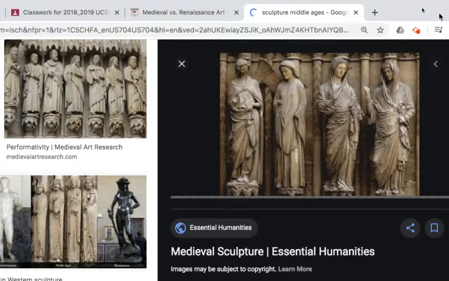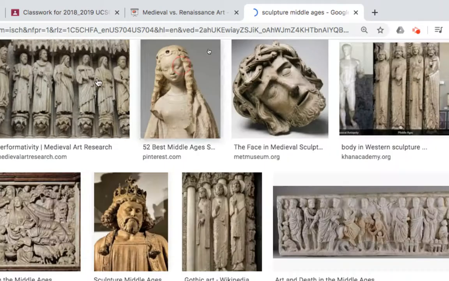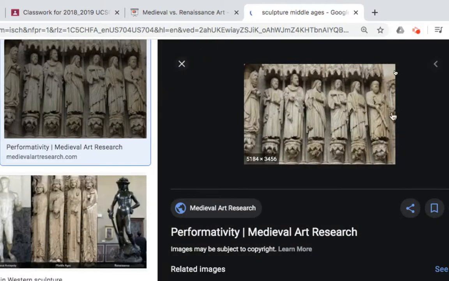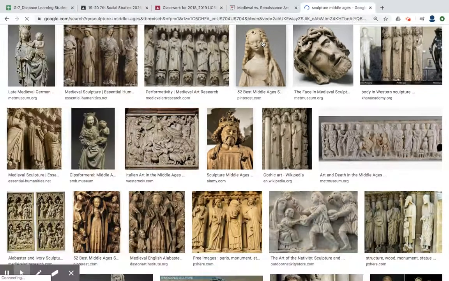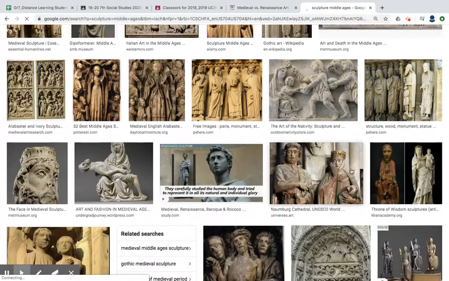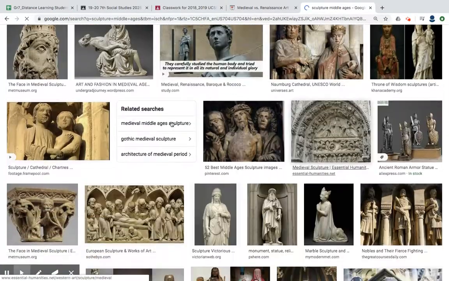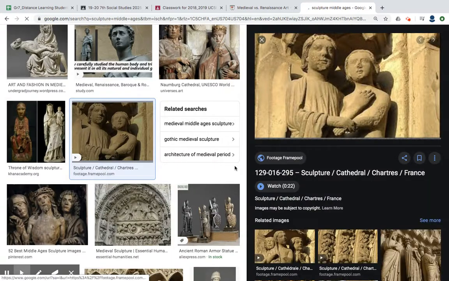In relief means that these statues, you can't walk around them. They are attached to the wall. And most of the statues are standing, and all of them are clothed. They don't have any nudity in them. Again, most of them are attached to the walls. They are mostly religious based, and they have clothing on them.